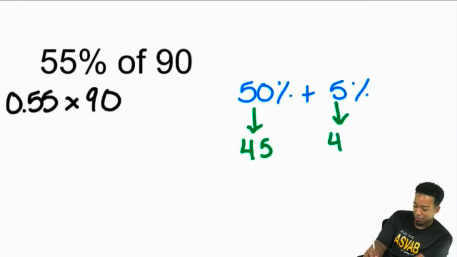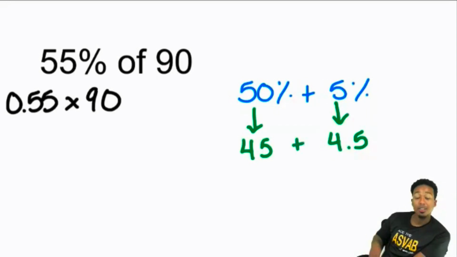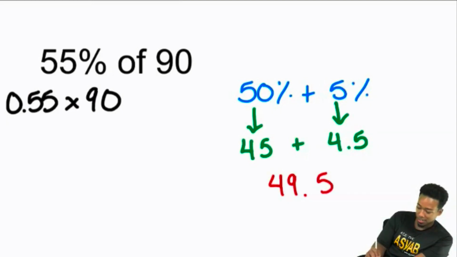That is 4.5. Everybody, in your head, what's 45 plus 4.5? Be careful with the decimals. What you're doing here is adding 4 to 45 and then the 0.5. So 4 plus 45 is 49. Add the 0.5 and you get 49.5.